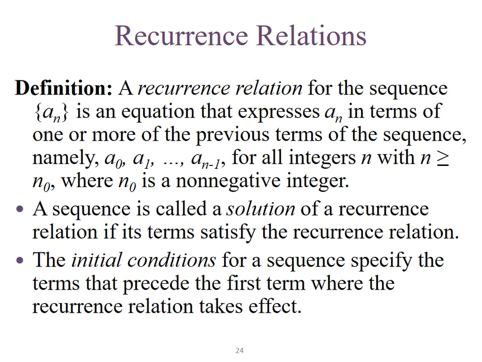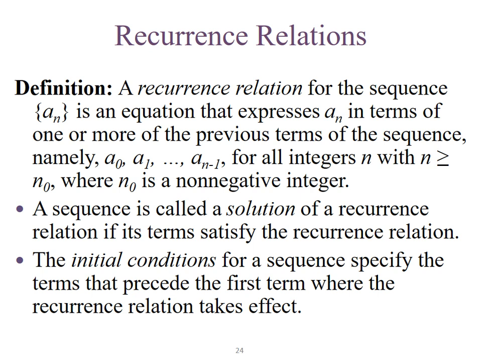Then a sequence is called a solution of that recurrence relation. Take the Fibonacci series again: we have 1, 1, 2, 3, 5, 8, 13, and so on. That is a sequence, and that sequence is a solution for f_n equals f_{n-1} plus f_{n-2}.